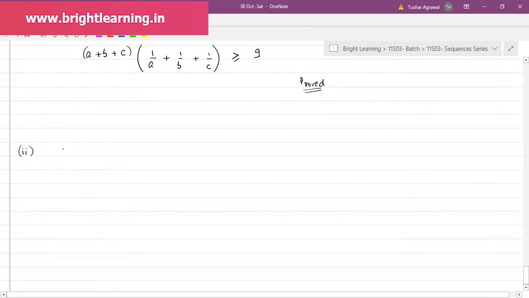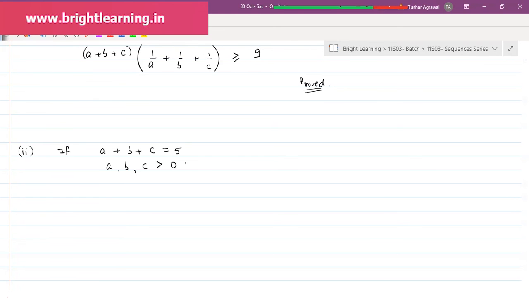Second, if it is given to you that A plus B plus C is always equal to 5, their addition is fixed, where A, B, C are all positive. It means you cannot take the case that, sir, I will take A equal to 12, B equal to 8, 12 plus 8 is 20, and C equal to minus 15.